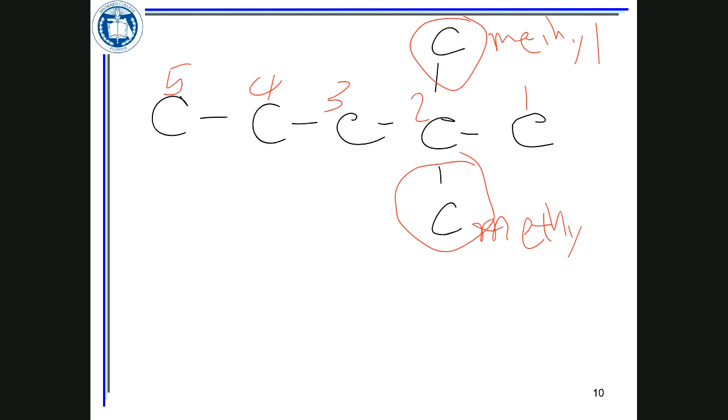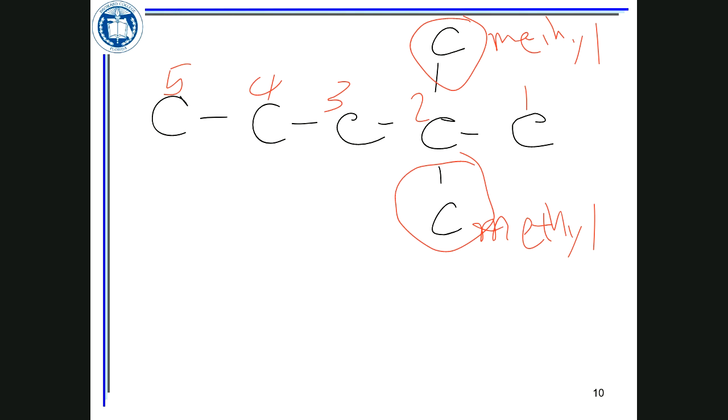Methyl. So we have a methyl group on top and a methyl group at the bottom because each one has only 1 carbon. That was just a trick. So both of them are the same.